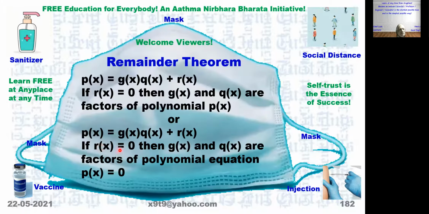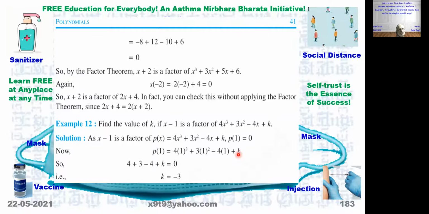If R(x) is equal to 0, then G(x) and Q(x) are factors of polynomial equation P(x) is equal to 0. So here, that example he has worked in the book and the answer is 0.